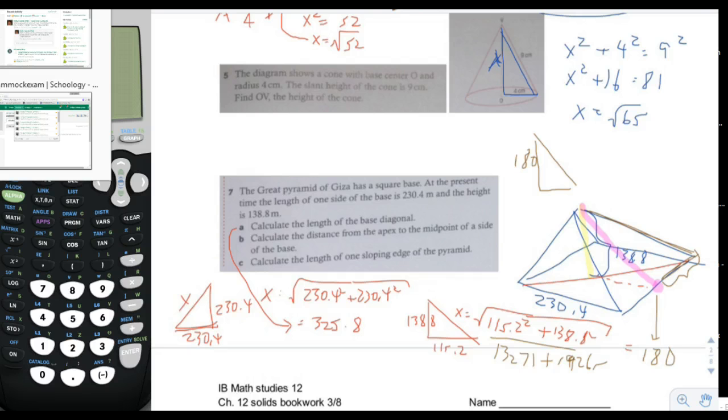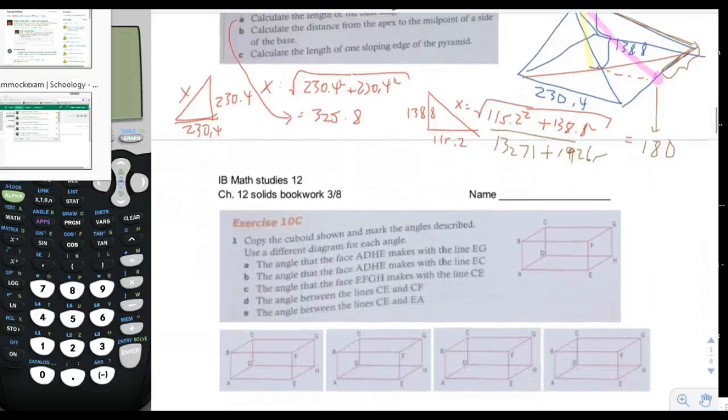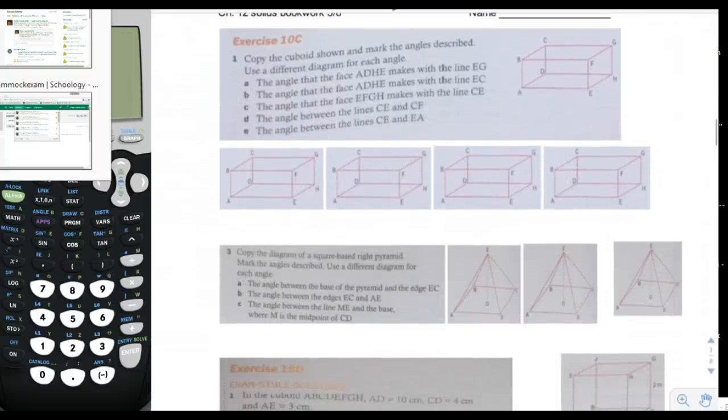It's 115.2. And then we just need to figure that out. So it would be the square root of 180 squared plus 115.2 squared. Okay? So we just repeatedly draw out these sloped triangles flat, and then we use Pythagorean theorem to calculate that. Okay? And then we're on to page 3.